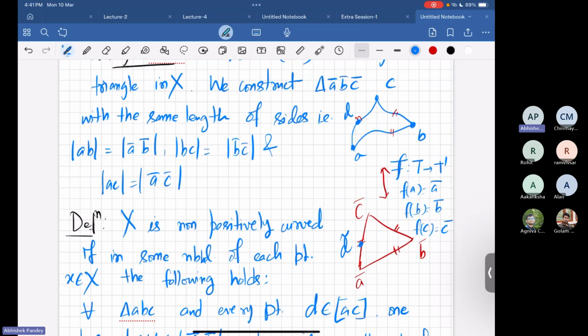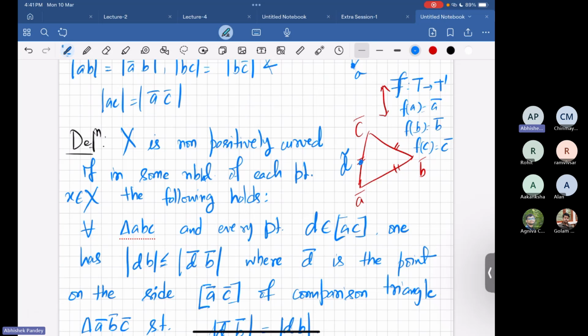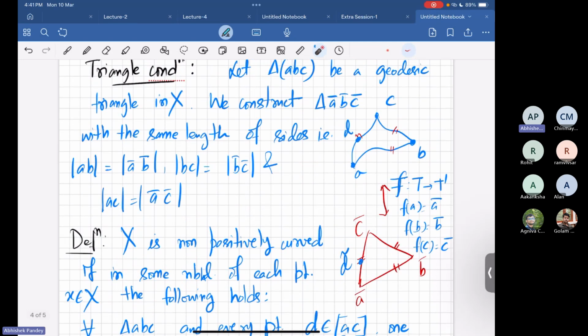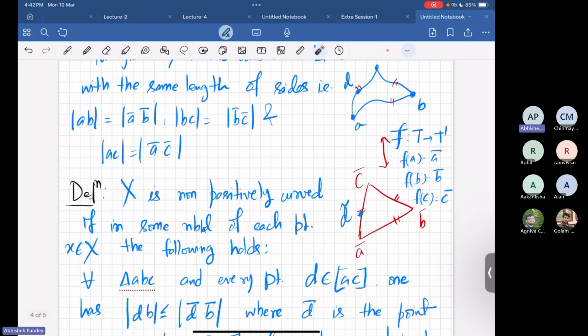And we say that X is non-positively curved if, if you take any point in X, then there is a neighborhood such that the following holds. For every geodesic triangle in that neighborhood, and for every point D belonging to the side joining A and C, one has this inequality. It means that the length of D to B in the metric space is less than or equal to D bar to B bar.